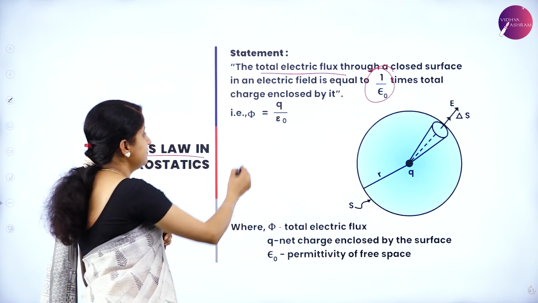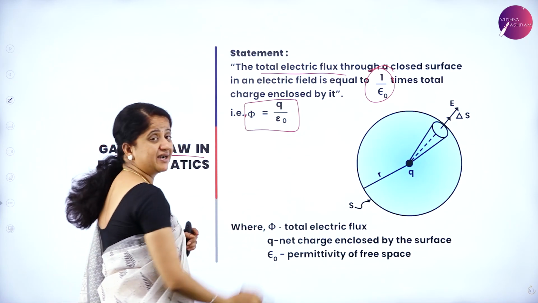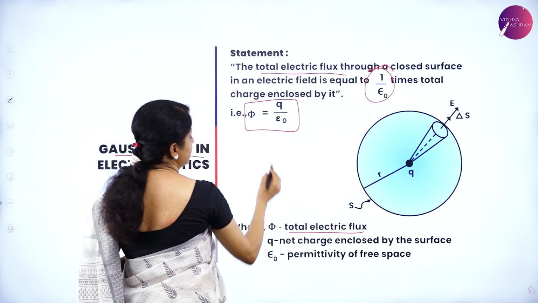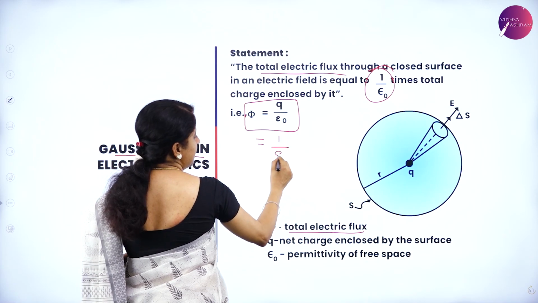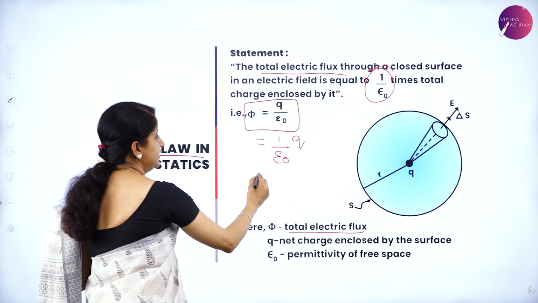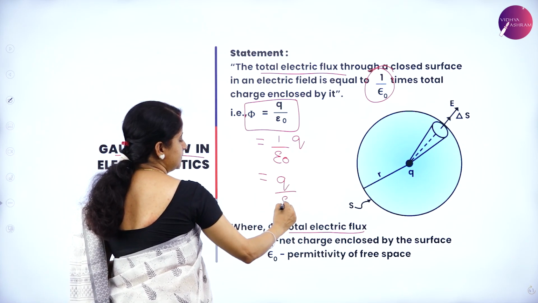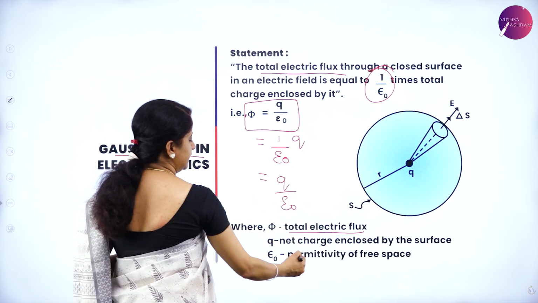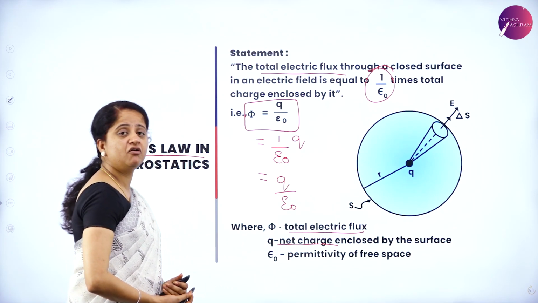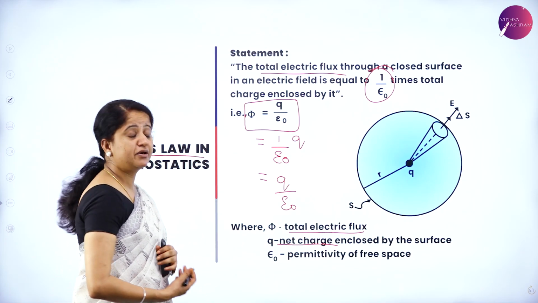That is given by phi is equal to Q divided by epsilon naught, where phi is the total electric flux. So what is Q? It is the net charge enclosed by the surface, and epsilon naught is the permittivity of free space. So this is the statement of Gauss law.